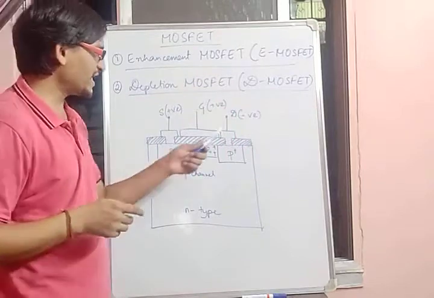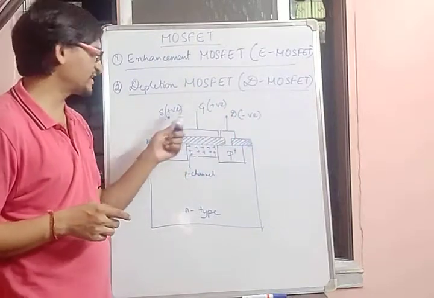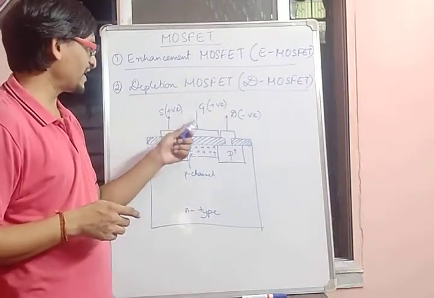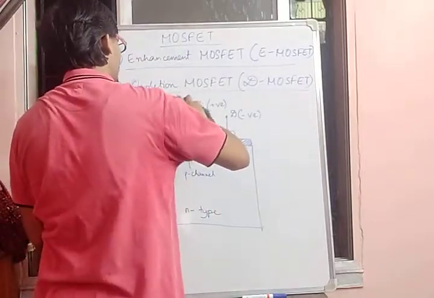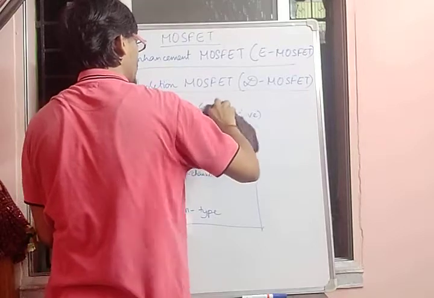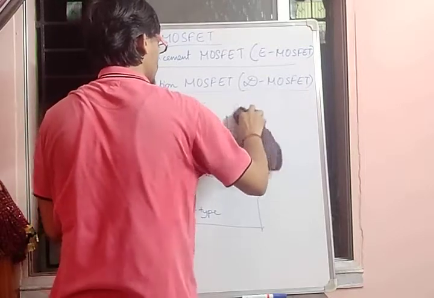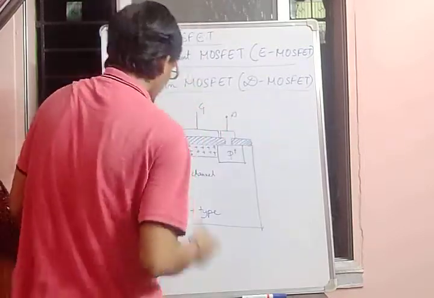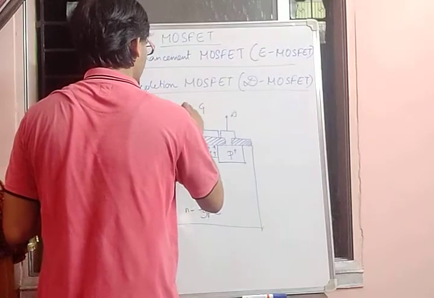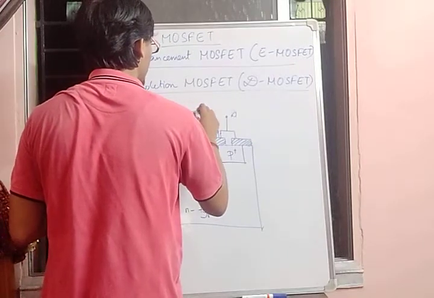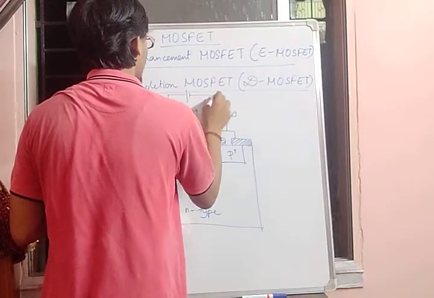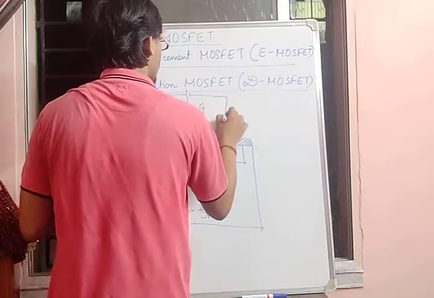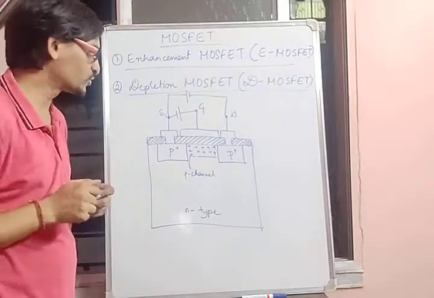Instead of writing out positive and negative, let us connect some voltage sources, then we will be able to understand it better. We are applying a positive voltage at gate terminal with respect to source, and at the same time we are applying a negative voltage at the drain terminal with respect to source.